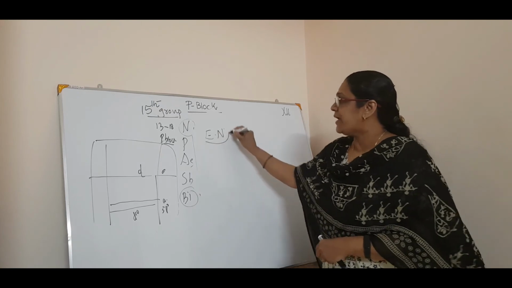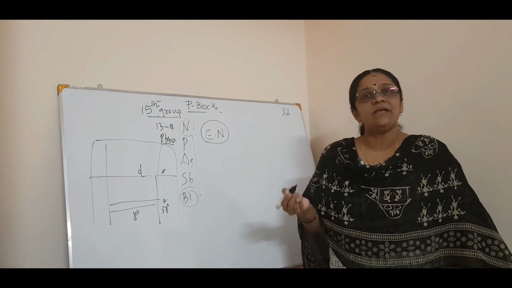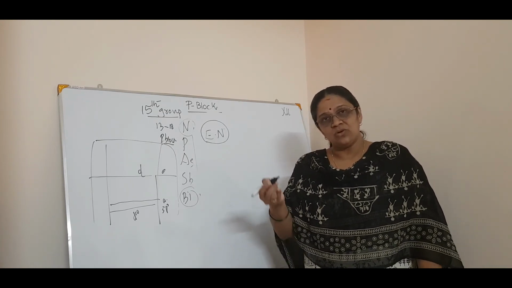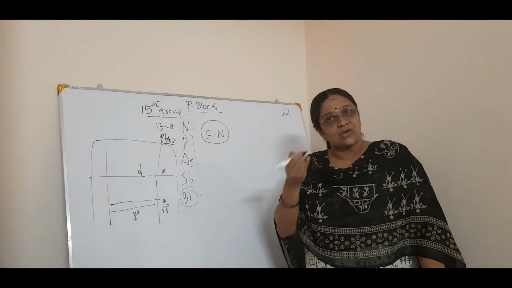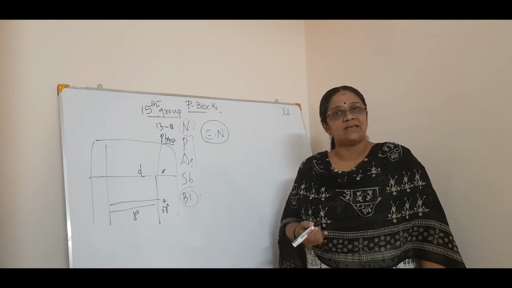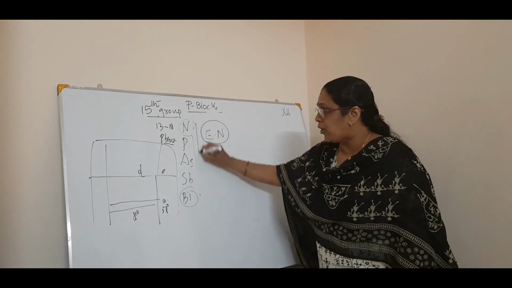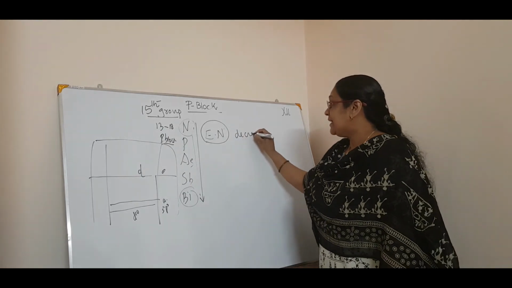Now what about electronegativity? Electronegativity means the tendency of an atom to attract the pair of electrons towards itself, isn't it? So as you go from top to bottom in the 15th group, the electronegativity decreases.